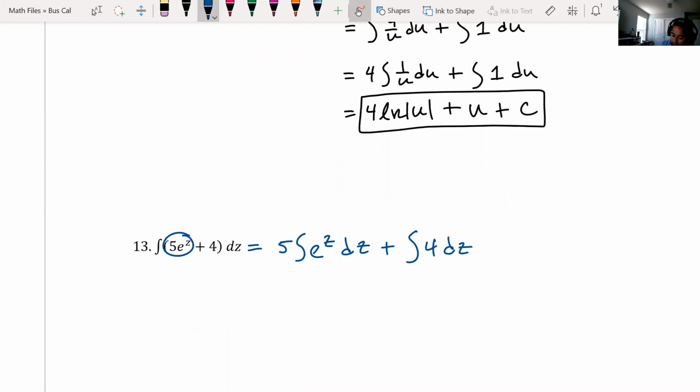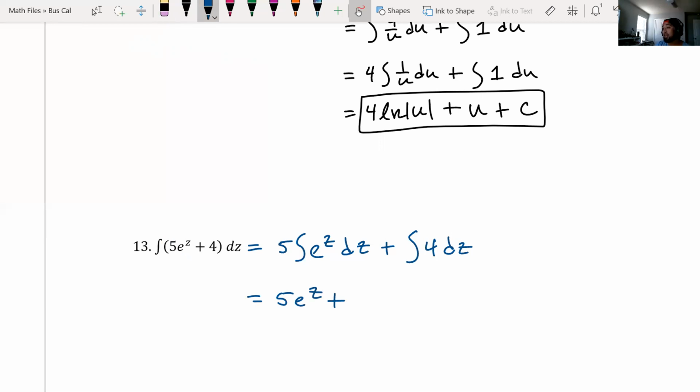And now, what is the antiderivative of e to the z going to be? E to the z.